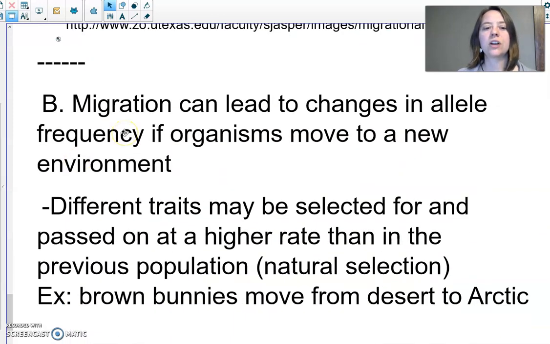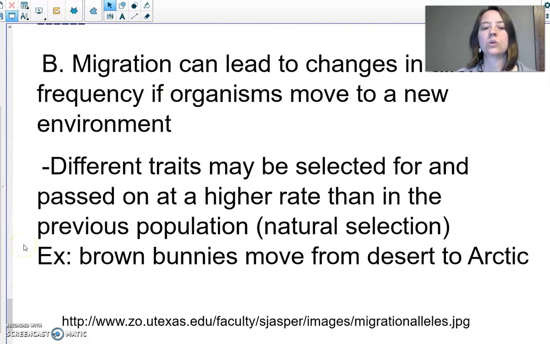So let's talk about migration. It can also lead to changes in allele frequencies if the organisms move to a new environment. When a population moves to a new environment, some alleles that were just take-it-or-leave-it now become beneficial, and then they become more common in the population. For example, let's talk about a situation where there were 50% white bunnies and 50% brown bunnies.